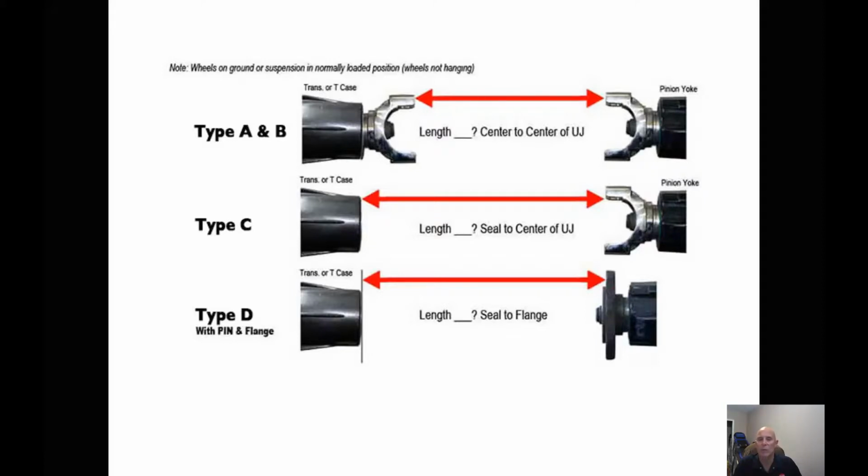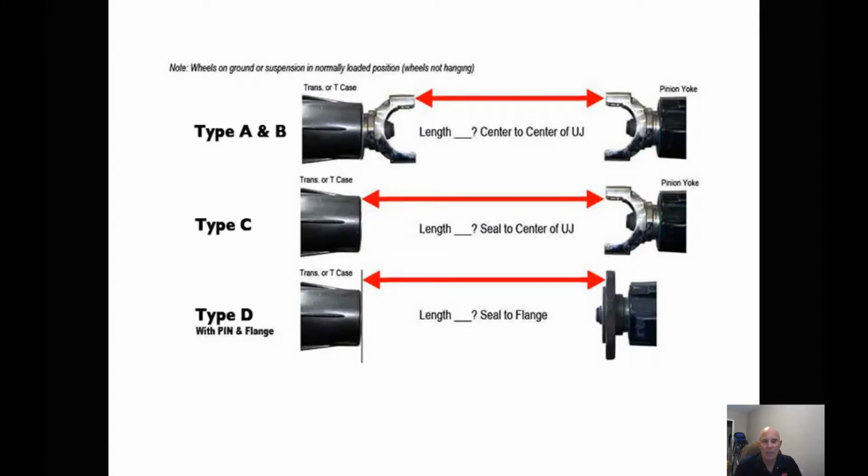And what we want to do is measure from the center of one yoke to the center of the other yoke. And that is the measurement that you're going to give to the driveline shop. And what they will do is they will set it up so that the slip yoke is the proper length. If we do it wrong and there's a slip yoke in there, we run the risk of the slip yoke coming apart or the slip yoke bottoming out.